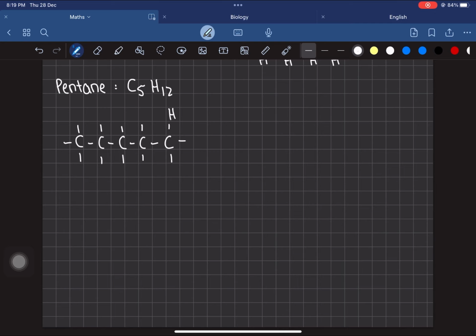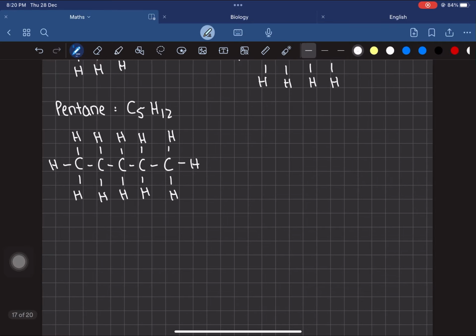And now hydrogens. I am emphasizing the fact that there are only single bonds in alkanes, because we know that the functional group of alkanes is the carbon-carbon single bond. Okay, that is pentane.